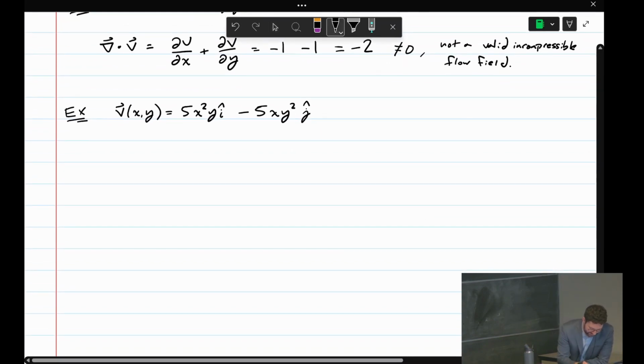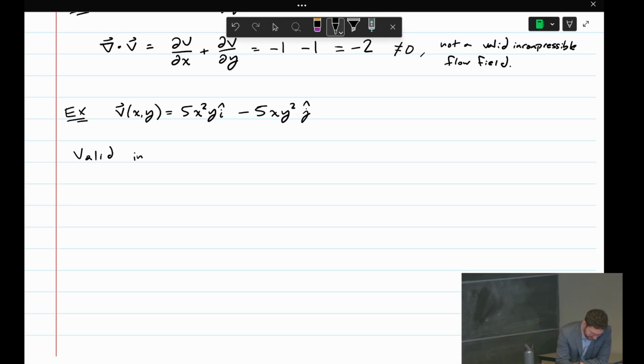Right. Okay, so let's just check if this satisfies the continuity equation, aka is it a valid incompressible flow field?